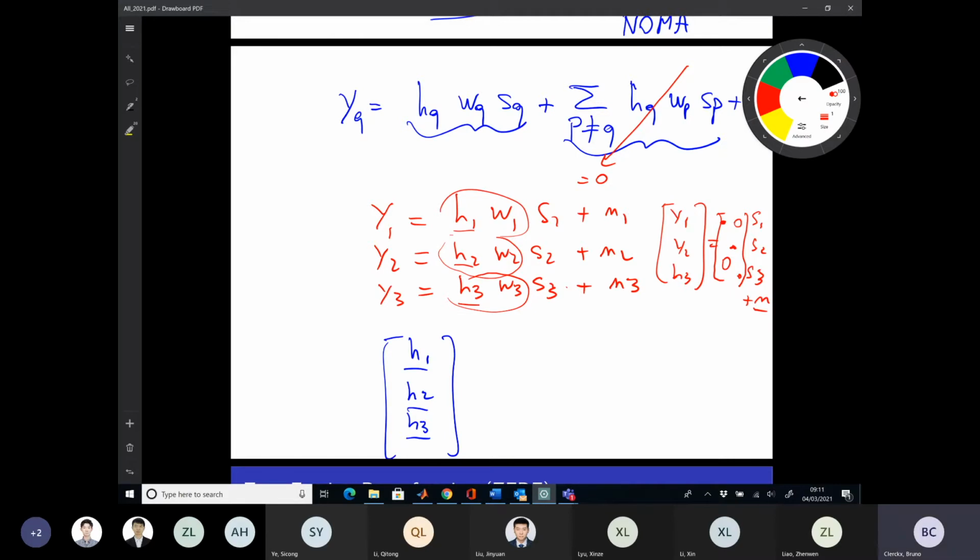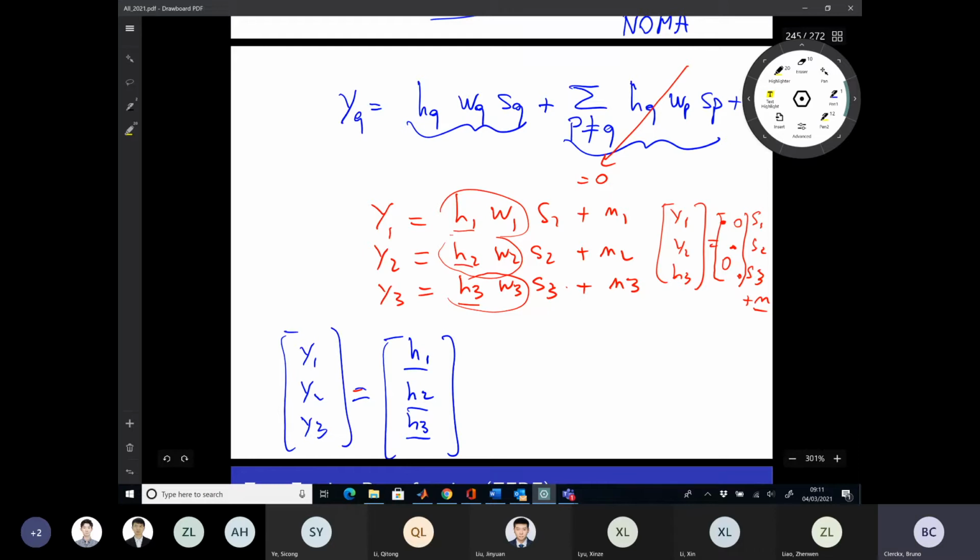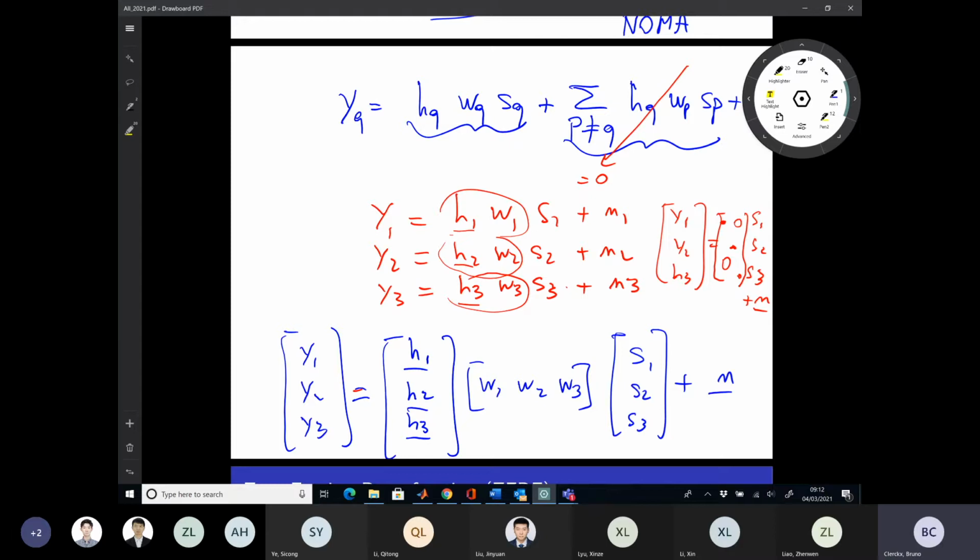Say this is Y1, Y2, Y3, and then I have W1, W2, W3. Those are my precoders, multiplied by S1, S2, and S3, my 3 streams, plus some noise vector. Right, so what I would like to do is make sure that this matrix becomes diagonal.